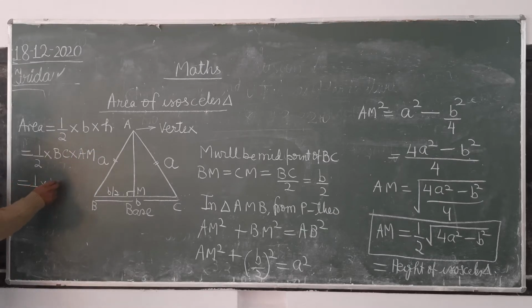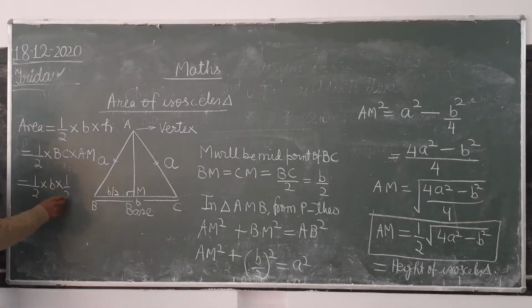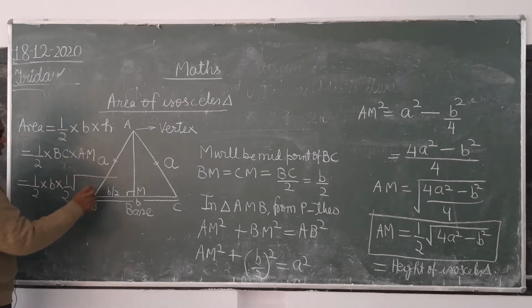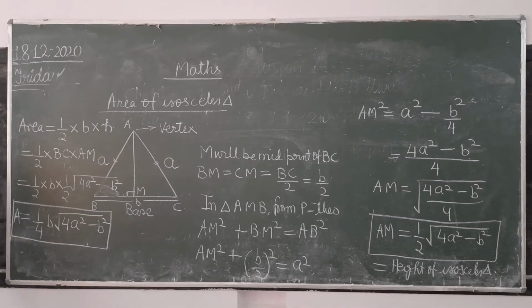B. And what is AM? AM is that much: 1 upon 2 square root of 4A square minus B square. So when you simplify, 1 upon 4 B square root of 4A square minus B square. This is the area. Area of isosceles triangle is this. This is the formula of area of isosceles triangle.